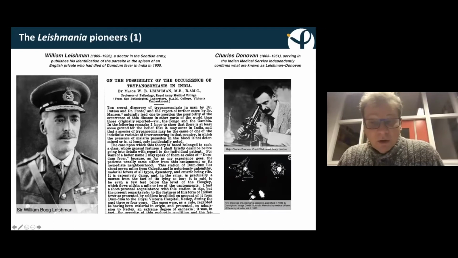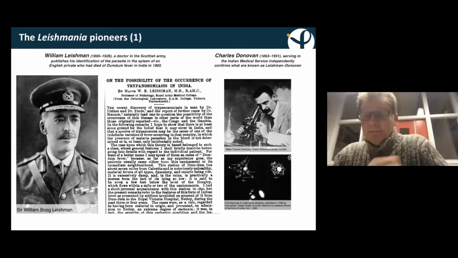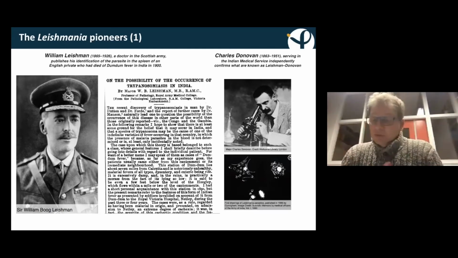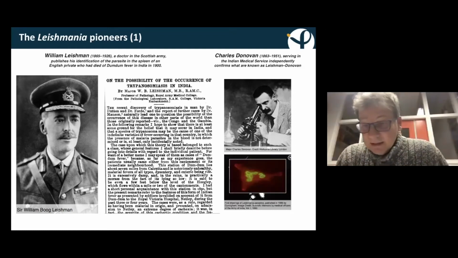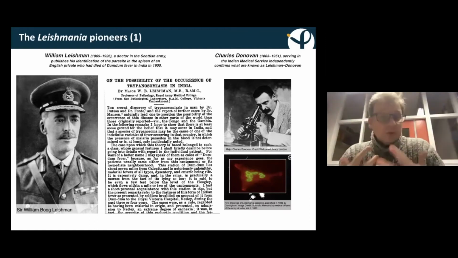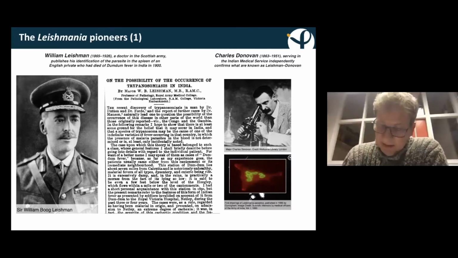And they were called, for over 120 years, Leishman-Donovan bodies, and they were diagnostic for the disease. Today, we know, of course, it is not just any kind of body, it is the intracellular form of the parasite inside the macrophage precursors, because it also infects macrophage precursors. So this is how the mammalian stage of the parasite was discovered.